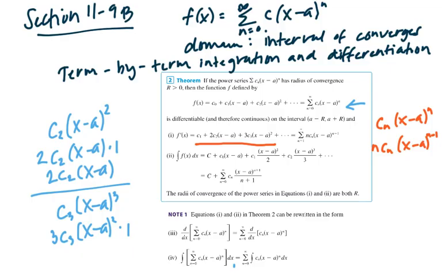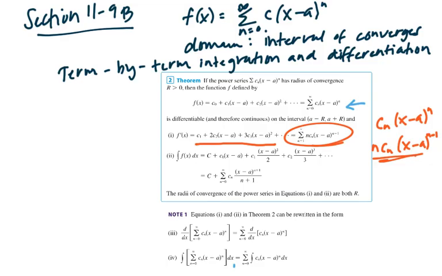So we can take the derivative of the power series to look like this using the chain rule. If we take the derivative term by term, we end up with the series derivative, just as we talked about here.